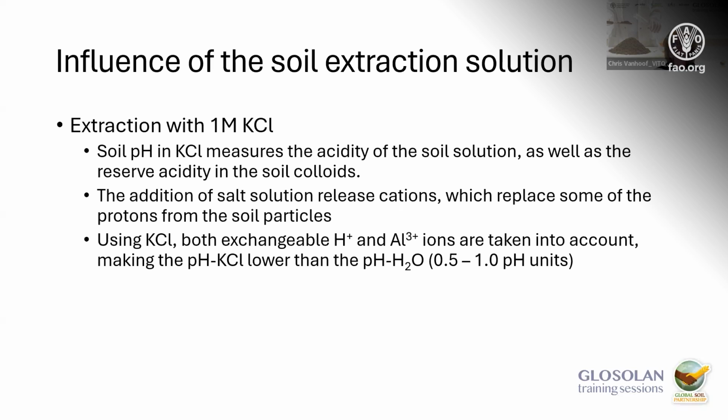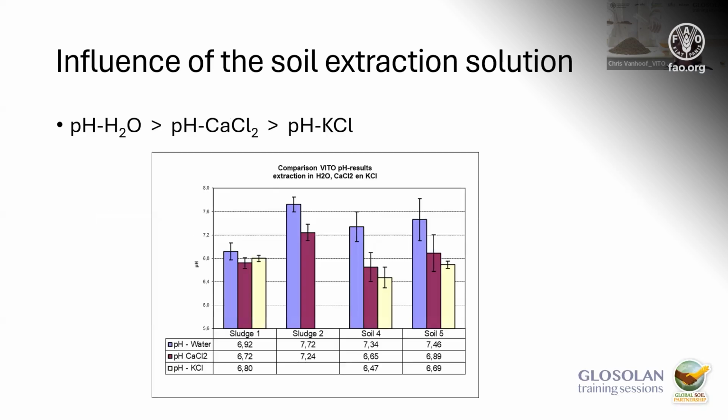So the pH in KCl, the potassium chloride solution, will be lower than the pH in water. This is of course sample dependent, but it can differ between 0.5 and 1 pH units.